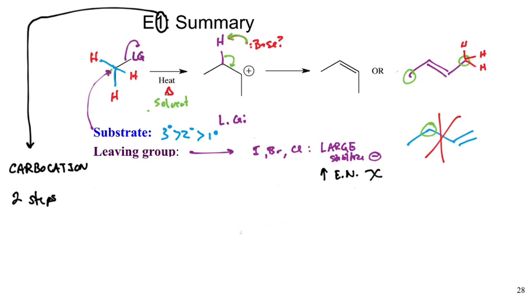Iodide, bromide, and chloride are all pretty electronegative. Why do we not list oxygen or nitrogen? Why is OH minus not a particularly good leaving group? Because it's a better acid.